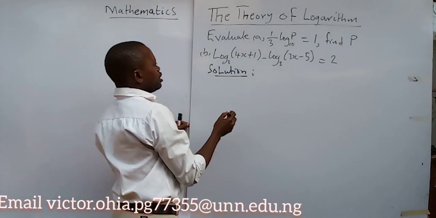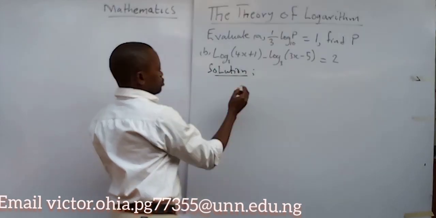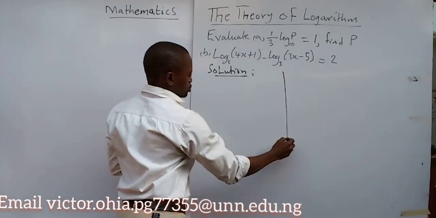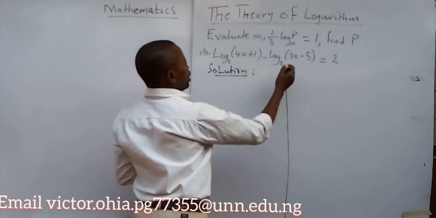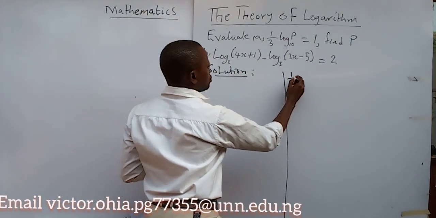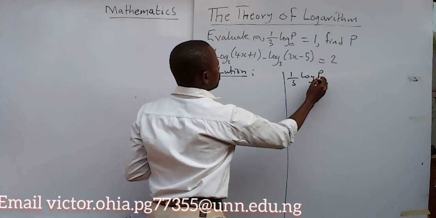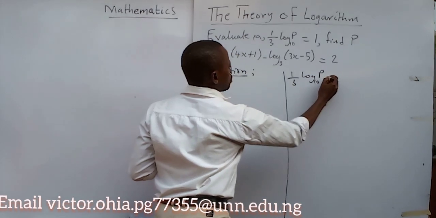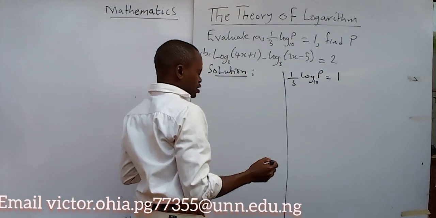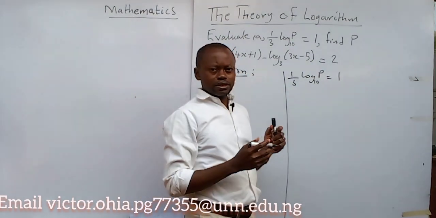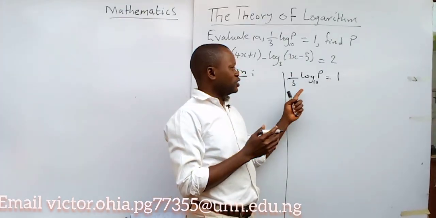All right, now I have this problem: 1/3 log p in base 10 equals 1. I'm going to show you a secret I will use here.